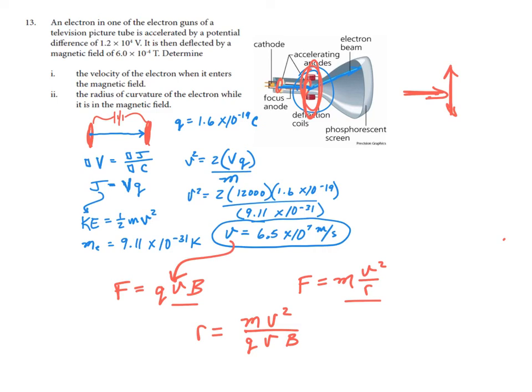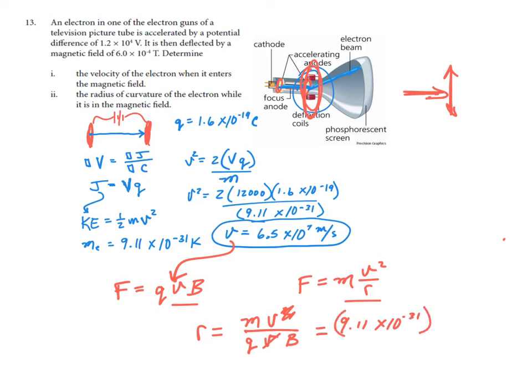All right, let me double check here. Yes, so that's the equation for r. V is squared on the top and on the bottom is one v, so one of those v's can cancel out. So the mass of the electron, 9.11 times 10 to the minus 31.